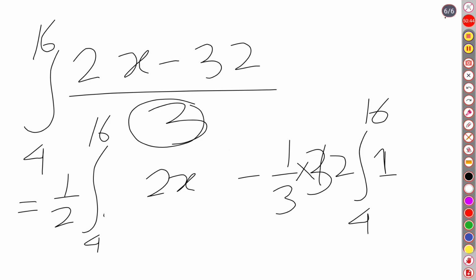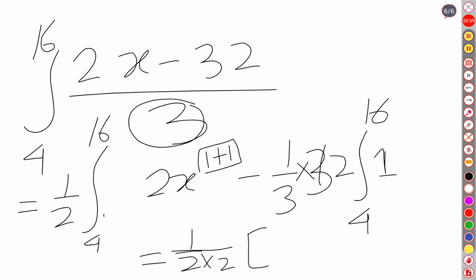Let me show you what it is going to be. First this 2x: the exponent is already 1, so it is going to be 1 over 1 plus 1, meaning 2. The 2 will divide, and the function is going to be x square, from 4 until 16. What will happen to this 32?